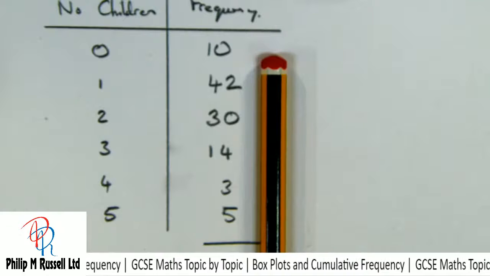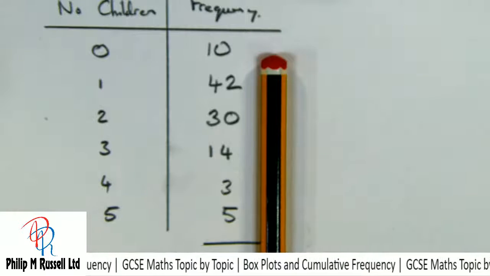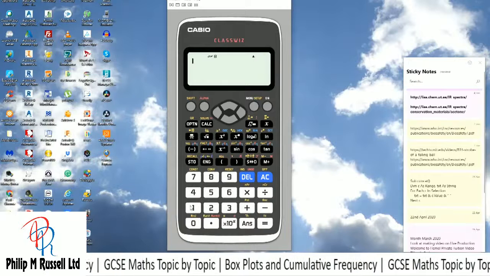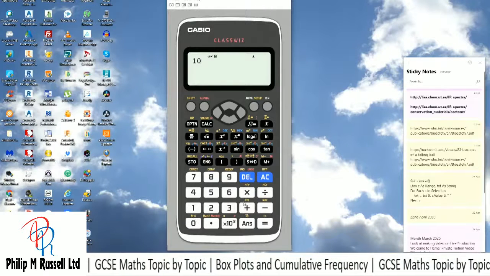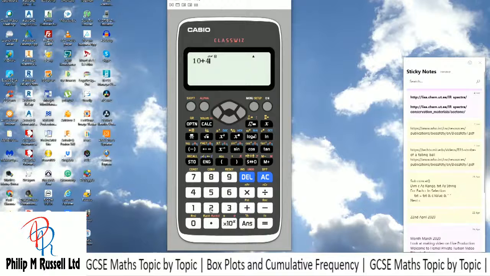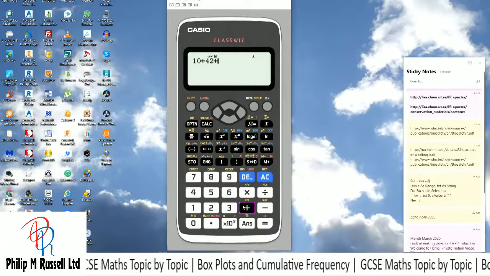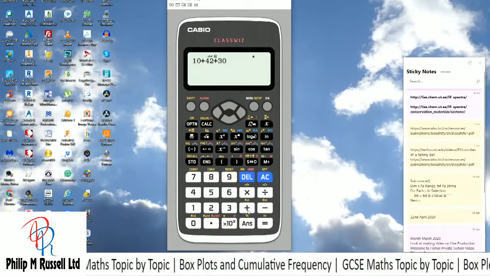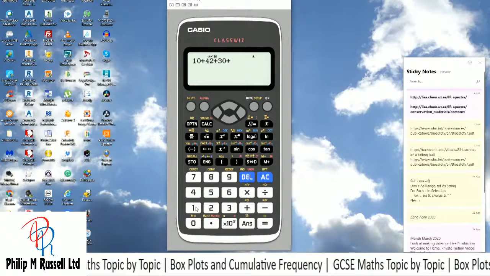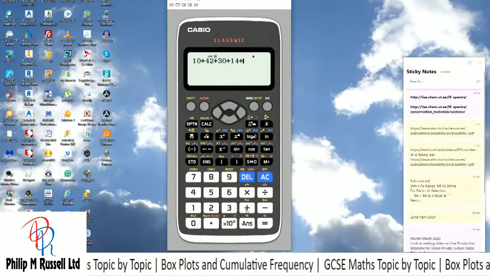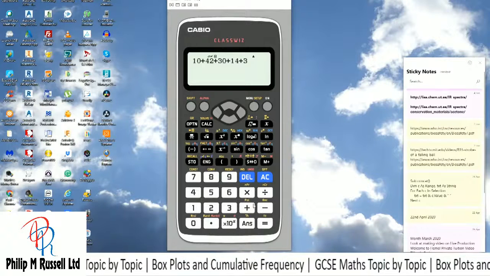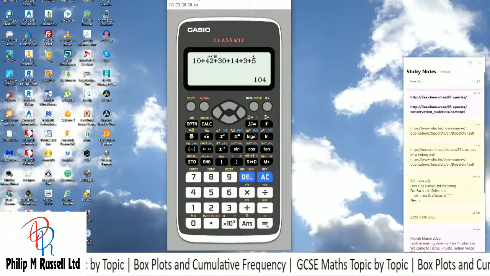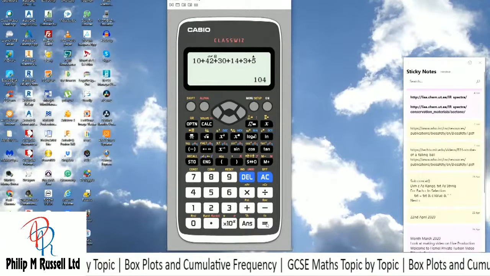And to do that, we're going to go into our calculator, and we're going to put those numbers in. So we're just going to have 10 plus 42 plus 30 plus 14 plus 3 plus 5, and we asked 104 families.